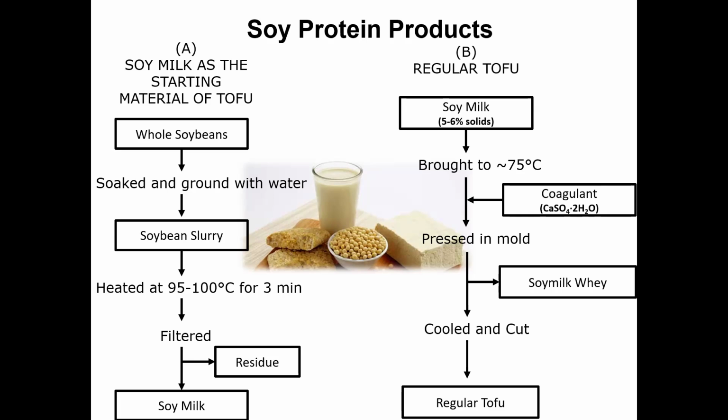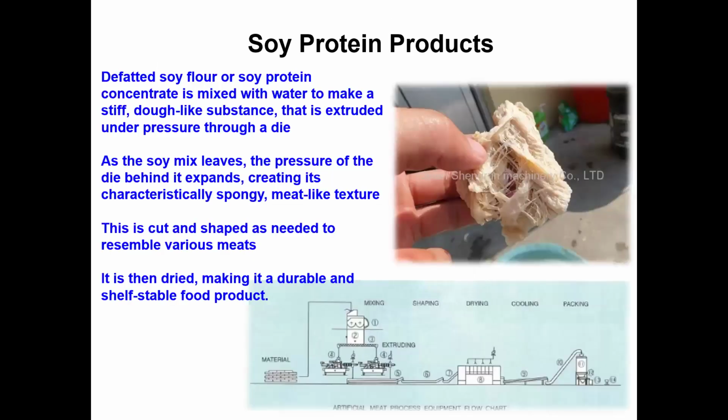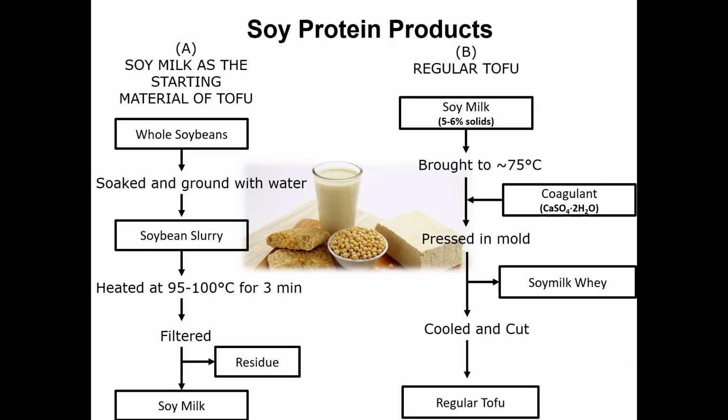You get the whey out, you cool, you cut, you get the tofu. The calcium is added as a divalent ion to promote polymerization.